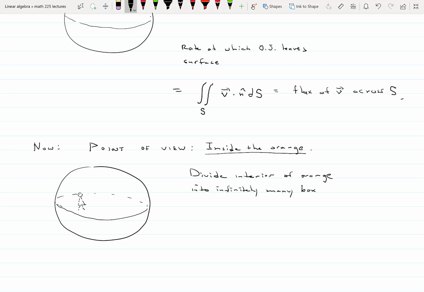Infinitely many boxes of volume, since they're going to be really, really small, dV.